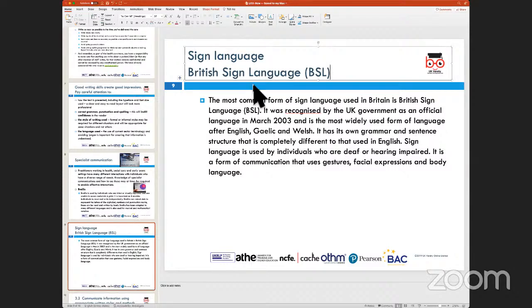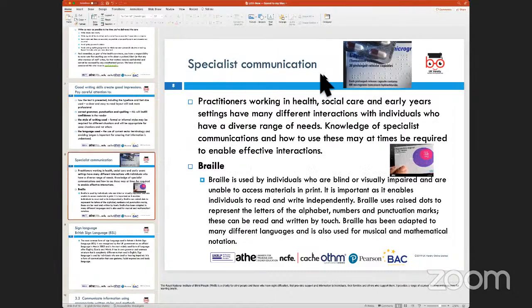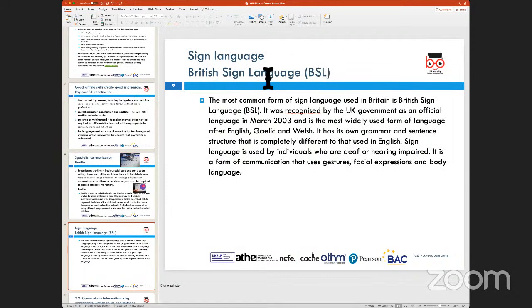So these two examples of what I would say are specialist forms of communication, which is using Braille, if I put this here, and the British Sign Language, would be examples of why sometimes you would see specialist routes being taken to be able to communicate and allow the inclusion.